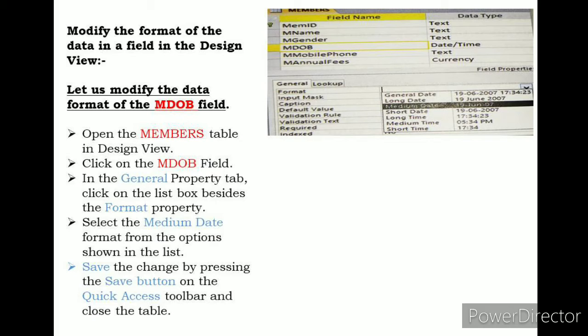Click on the MDOB field as shown in the figure. Now in the general property tab, click on the list box beside the format property. As you can see in the figure, select the medium date format from the options shown in the list. Next, save the changes by pressing the save button on the quick access toolbar and close the table.